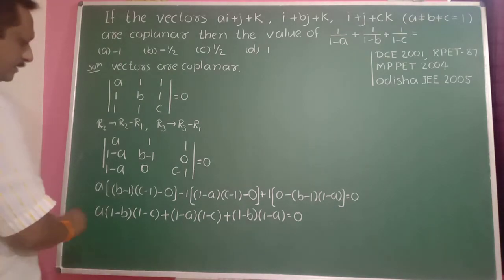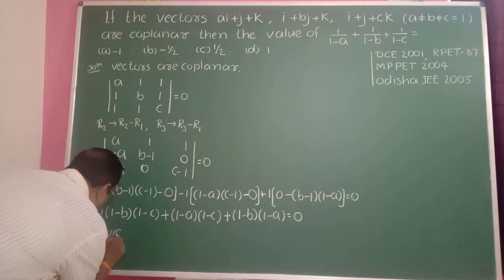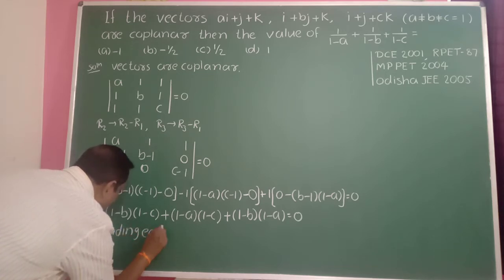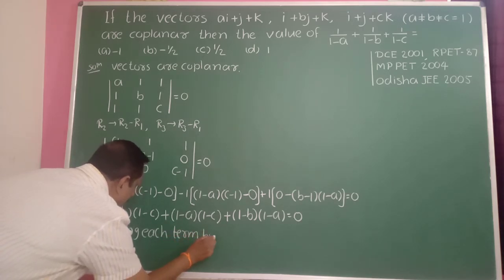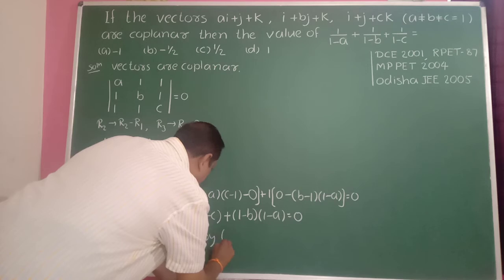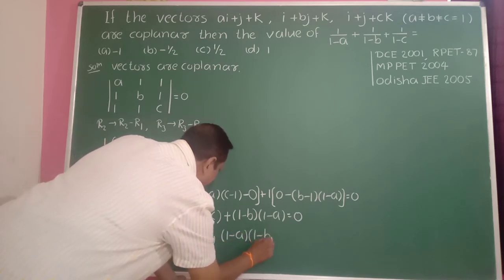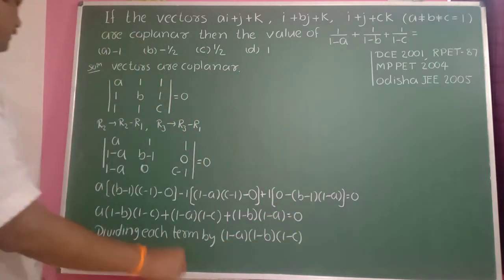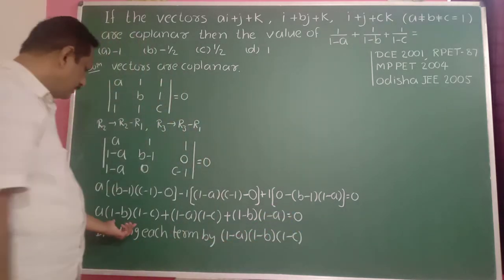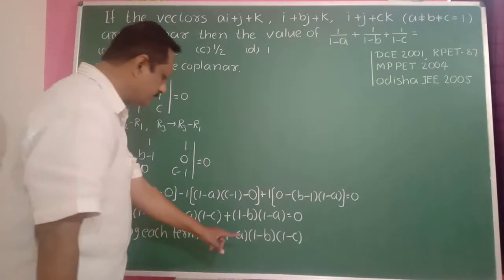So dividing each term by (1 minus A) into (1 minus B) into (1 minus C). This divided by this one, (1 minus B) and (1 minus C) get cancelled.